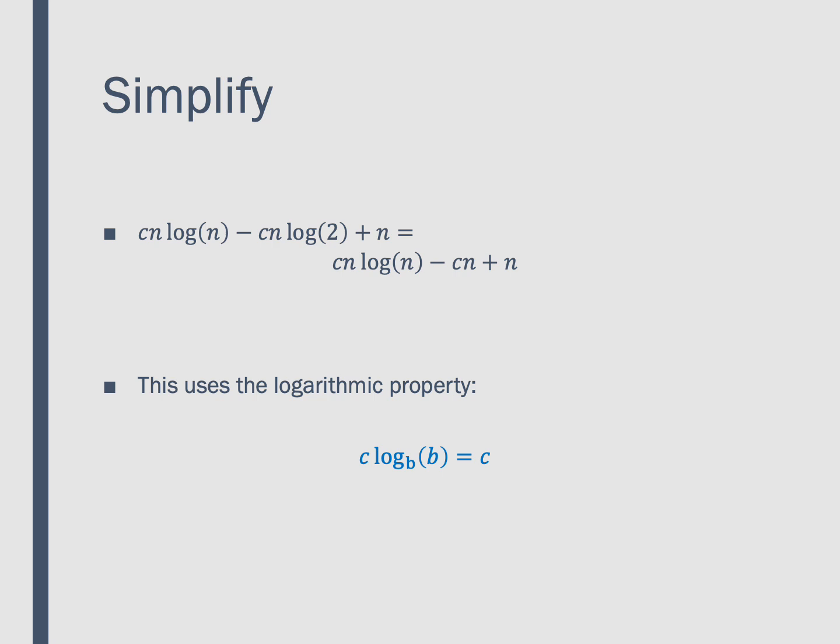So now we have Tn less than or equal to c dot n log n minus c dot n log 2 plus 1, and this uses the logarithmic property. Now here, minus c dot n and plus n represent lower order terms compared to the dominant c dot n log n.